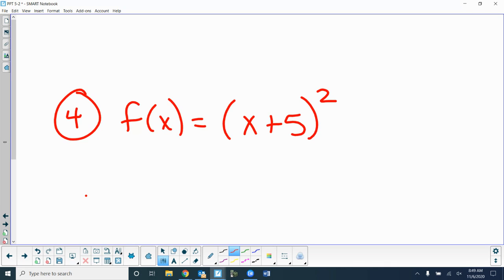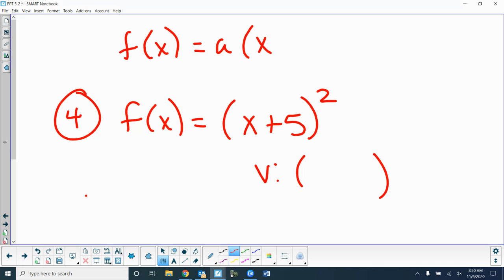Okay? So the vertex, remember, was h, k. Remember, here's vertex form: A times quantity x minus h squared plus k. All right? So we said whatever x value made this 0 was the axis of symmetry. What x value makes this equal to 0? -5.